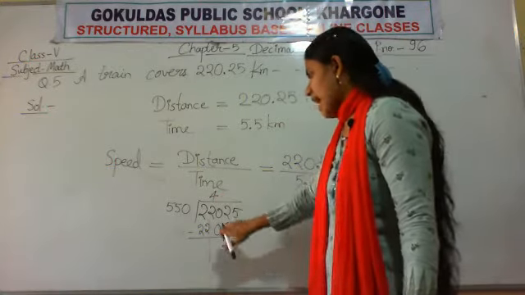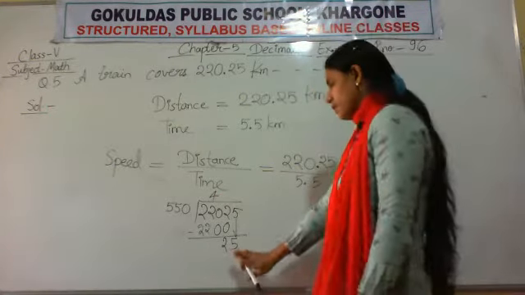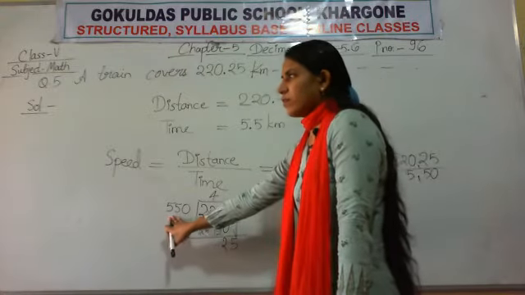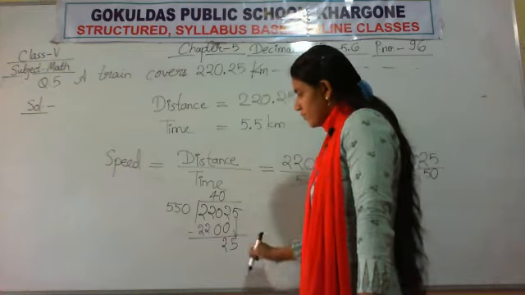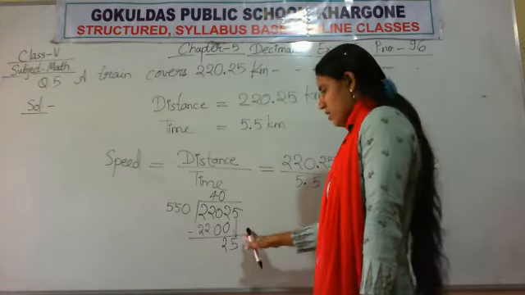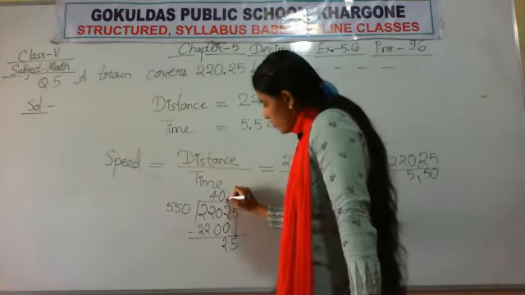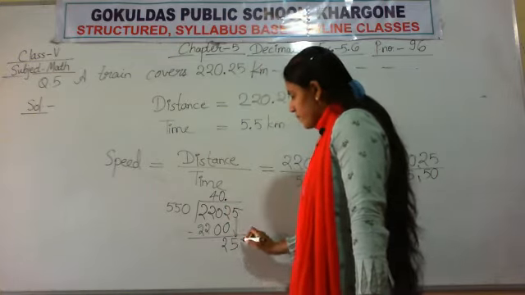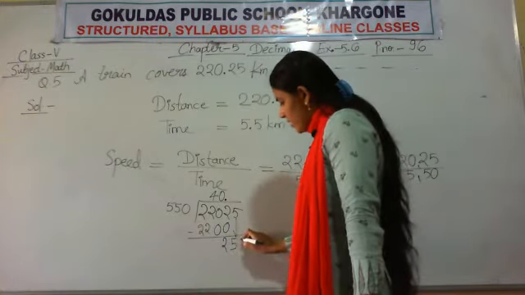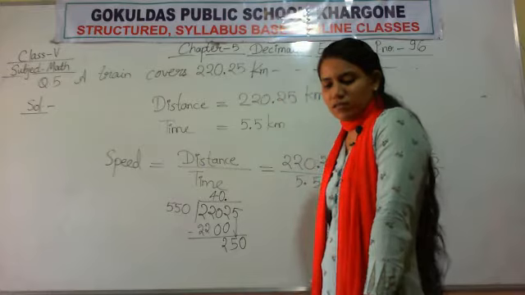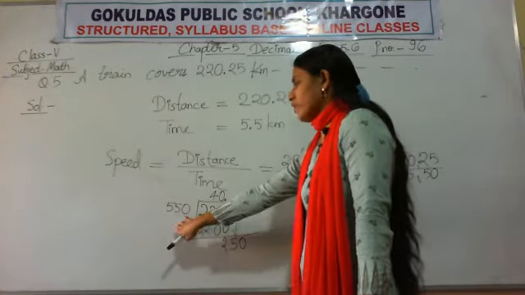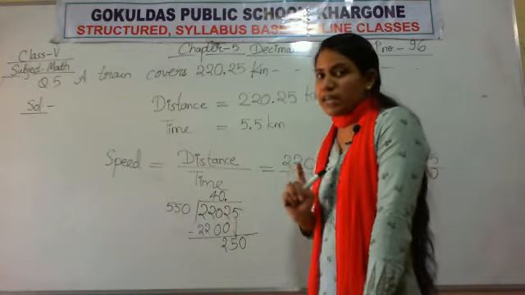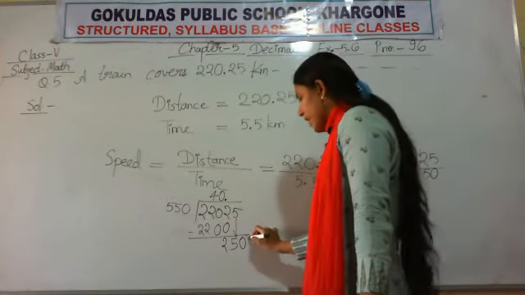As our number is not divisible, as 25 is not divisible by 550, so we can put 1 zero here. Okay. Now again it is not divisible, so put a decimal here. If we have put a decimal, we can write 1 zero. Still it is not divisible, but we have already put the decimal 1 time, so we can add 1 more zero.